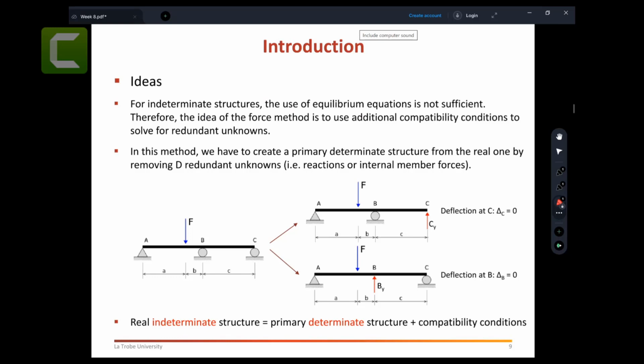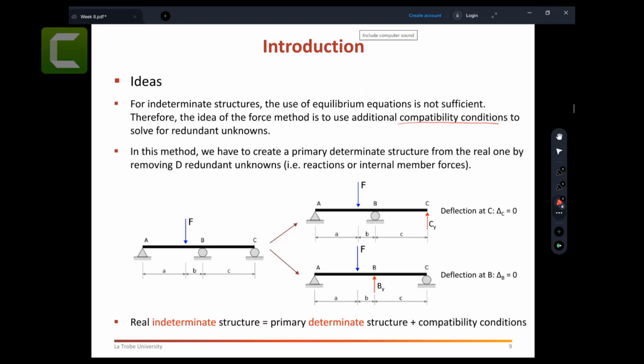They will help somewhat because there are 3 equilibrium equations, and of course we're going to use them, but they are not sufficient to get the final answers. Therefore, the idea of the force method is to use additional compatibility conditions. We need additional equations that are called compatibility conditions. That is a new word for you. Don't worry about it, I will tell you what compatibility conditions are. I hope you understand indeterminate structures.